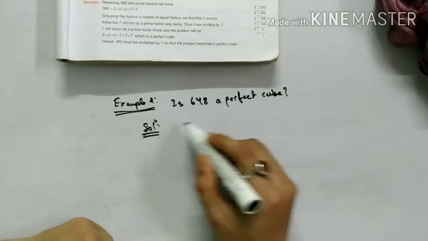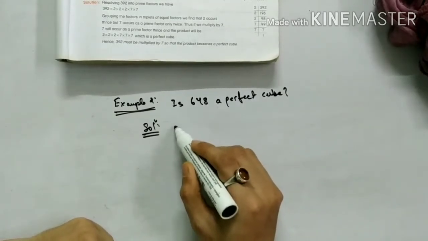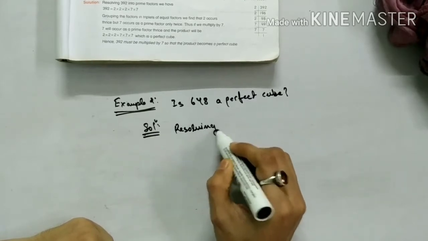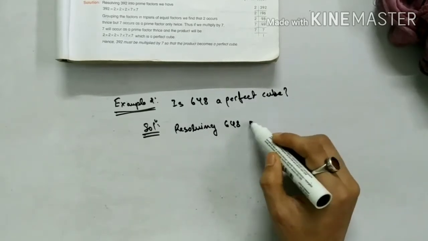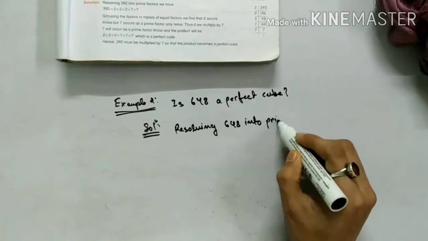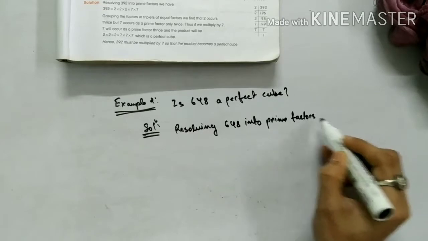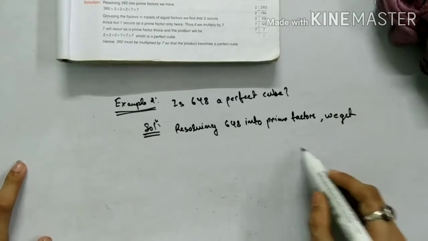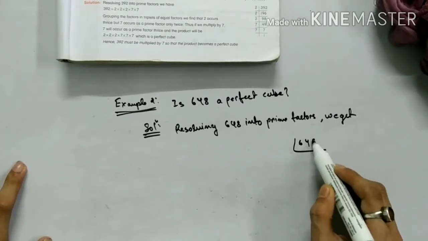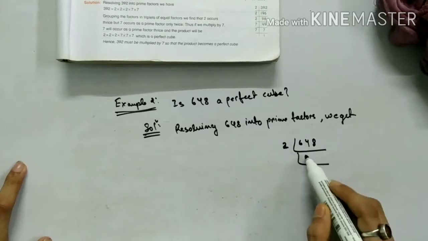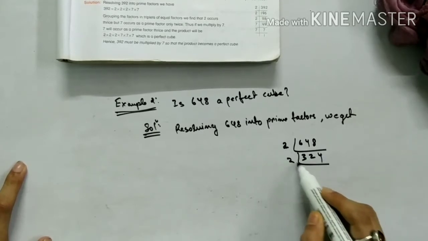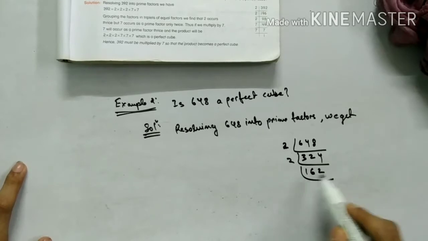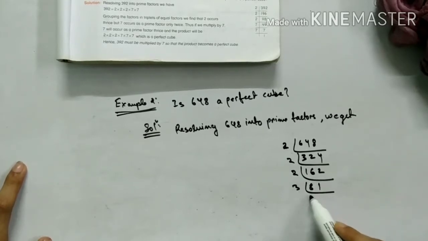Resolving 648 into prime factors, we get: 648, if I take out the prime factors, 2 3s are 6, 2 2s are 4, 2 4s are 8, 2 1s are 2, 2 6s are 12, 2 2s are 4, 2 8s are 16, 3, 27, 3, 9, 3, 3, 3, 1.